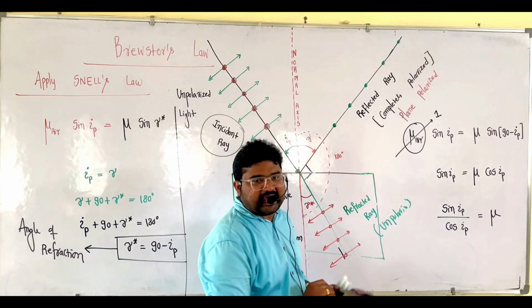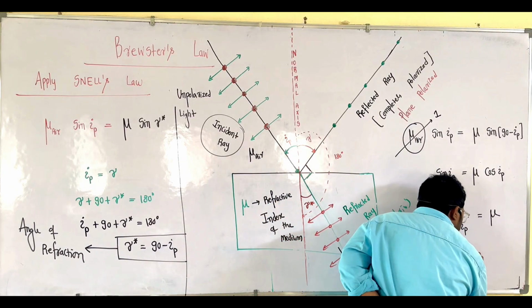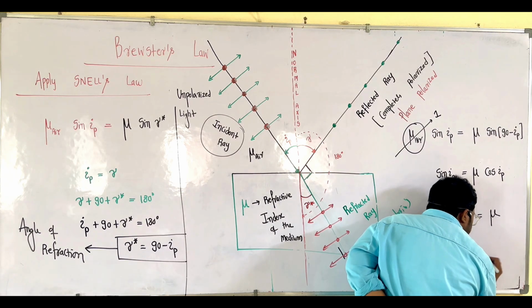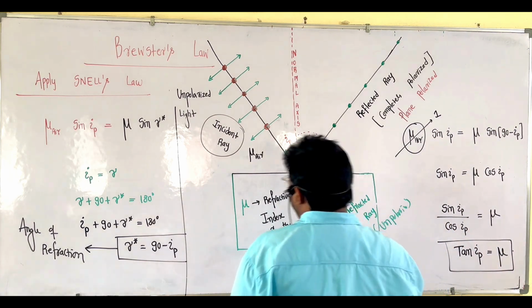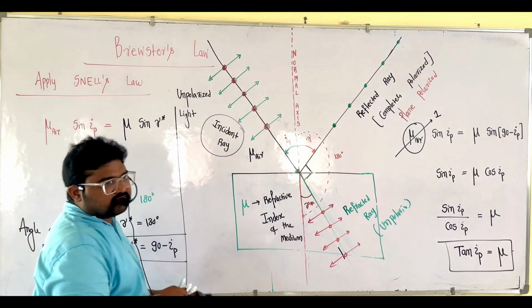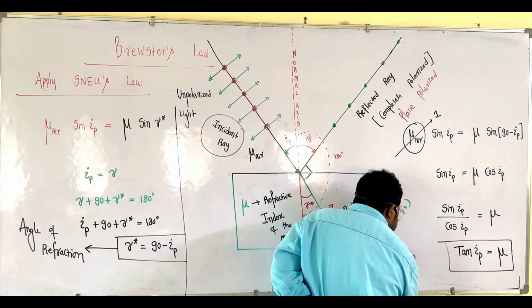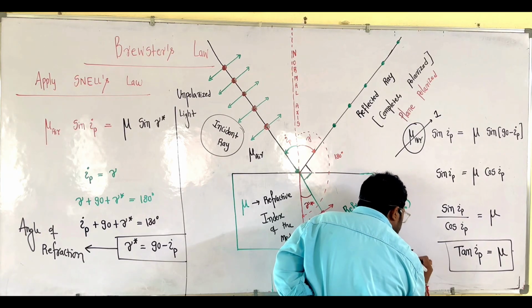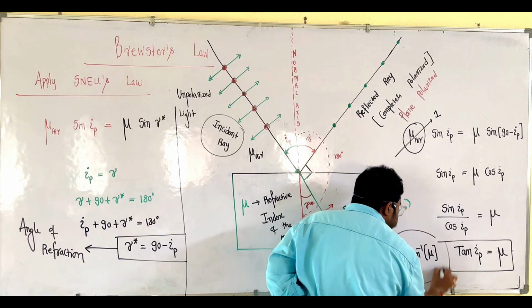Tan IP equals how much? Mu. What is the polarizing angle? IP equals how much? Tan inverse of mu.